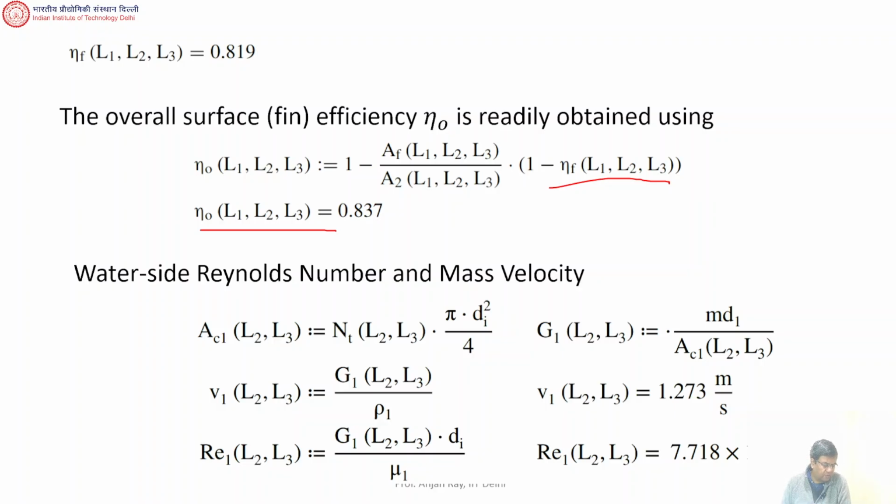What is 7.7 10 to the power 4? How big is this? So this is like 77,000. So this is what kind of Reynolds number? For tube flow, this should be turbulent, right?